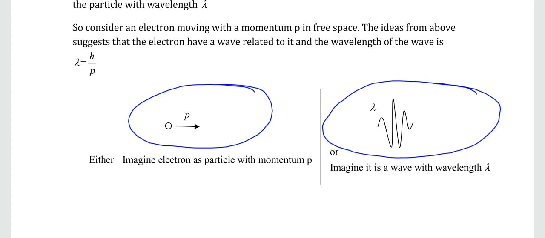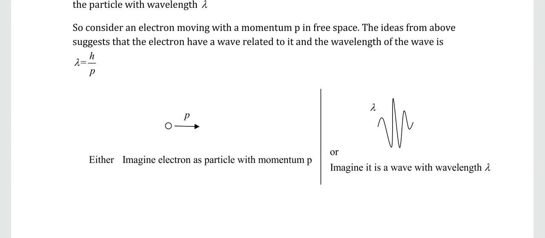To manage this, physicists said either you imagine a particle as a classical particle, or you imagine it as a wave. When you imagine the particle as a wave, forget there is any particle, just there is a wave.